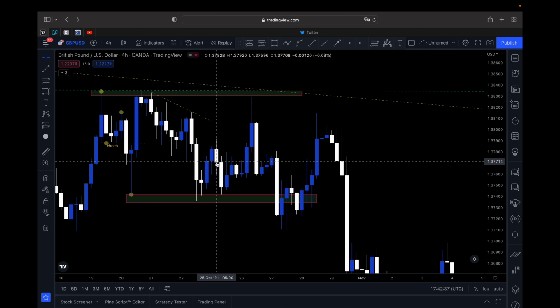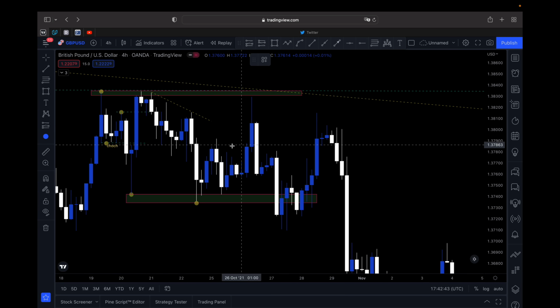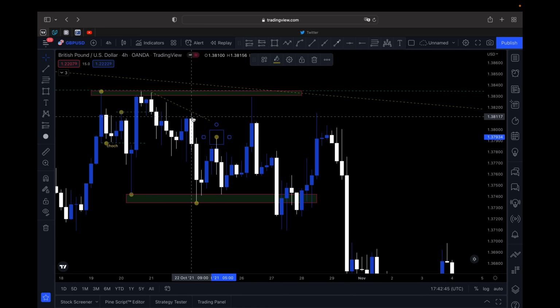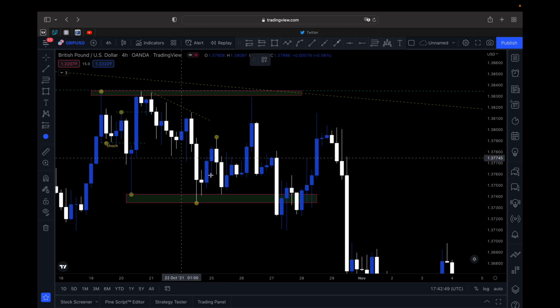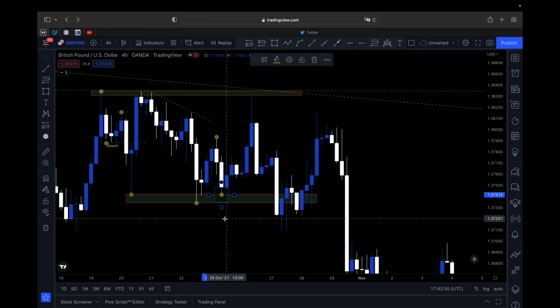So I would stay off. Here again, it created a new low, then a high. Compared to this level it is a lower high, but price could not create a lower low. It created a lower high here and a higher low here.